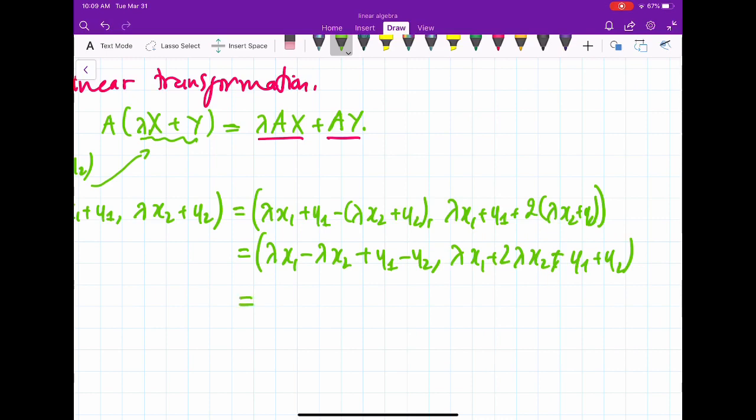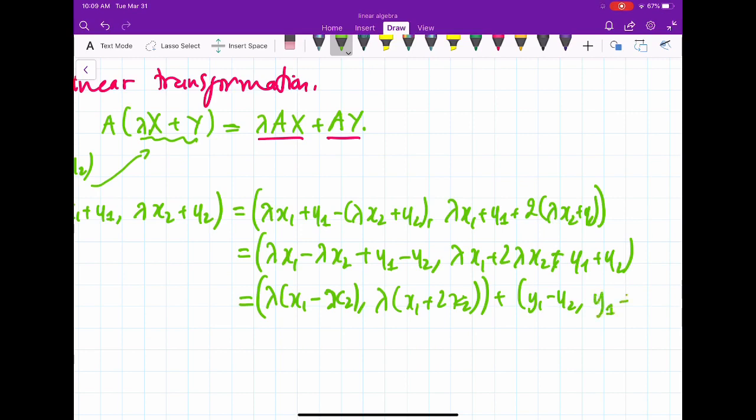And then we break this into a sum of two vectors: lambda times (x1 minus x2, x1 plus 2x2), and another one, (y1 minus y2, y1 plus 2y2).